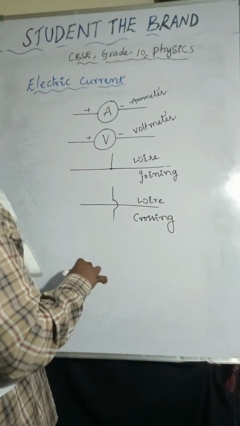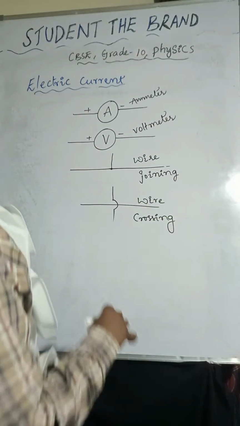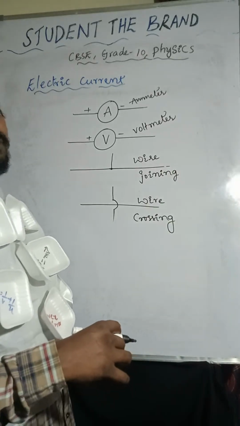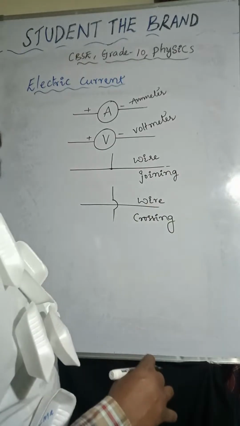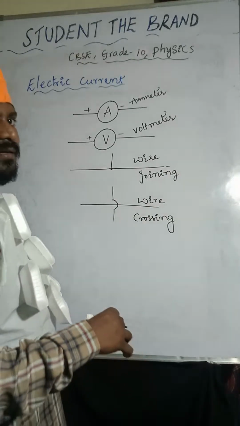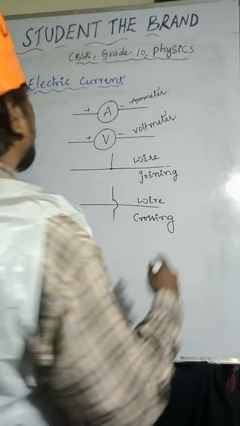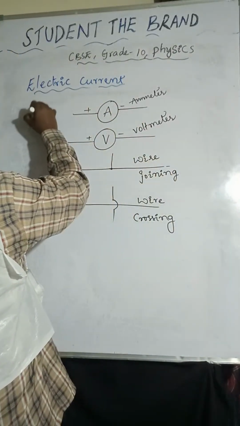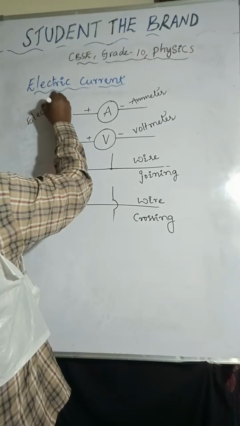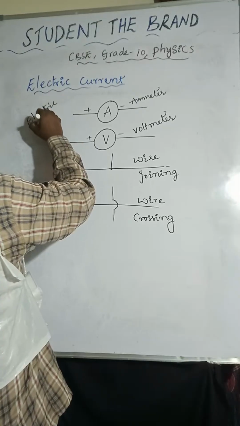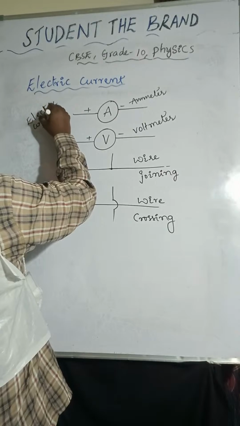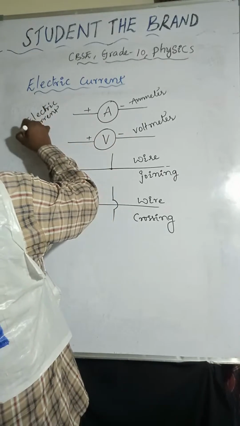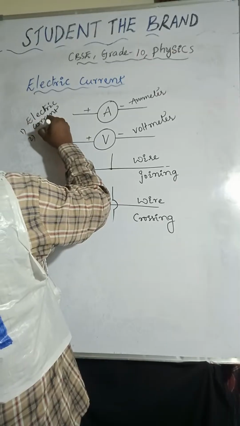Okay, so that's enough. So ammeter is a device which is used to measure the current by connecting in the circuit. Ammeter is used to measure the electric current in the circuit. So ammeter will measure the current, and it will be connected in series combination.